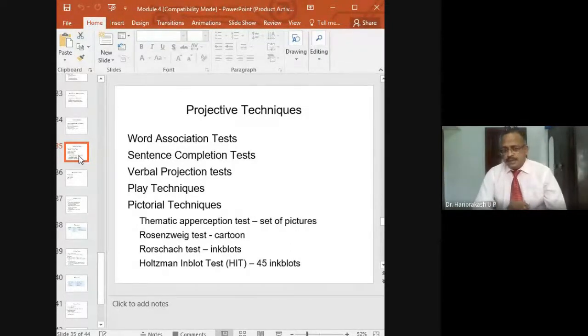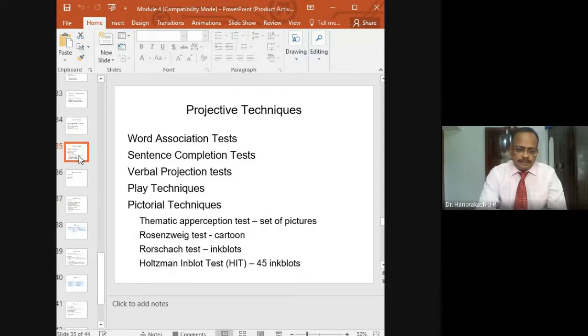That is called the thematic apperception test, where a set of pictures is given, and the respondents are asked to construct a story, or they are asked to relate these pictures and form a story. 10 different pictures will be given and the respondents are asked to create a story related to that picture, and thereby they try to analyze the individual's personality.